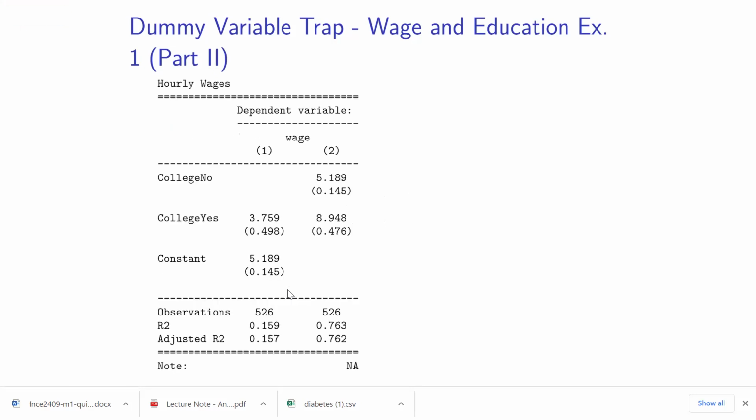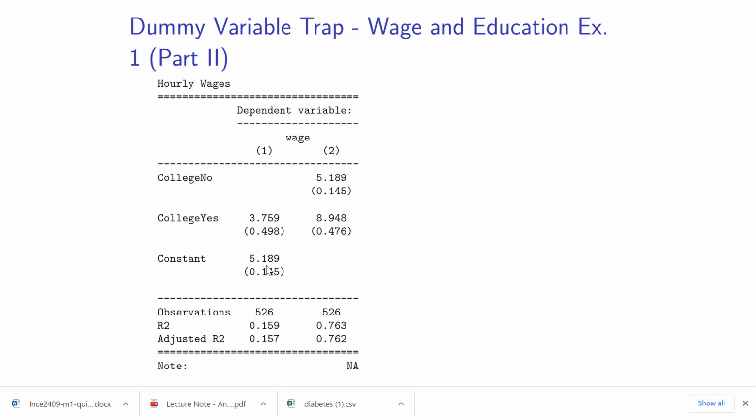In the first regression, I regressed the wage variable on the college dummy, and because college yes and college no sum up to 100% in our data, R automatically dropped the estimation for college no due to the perfect multicollinearity problem. The intercept shows what is the mean wage for a person without a college degree.